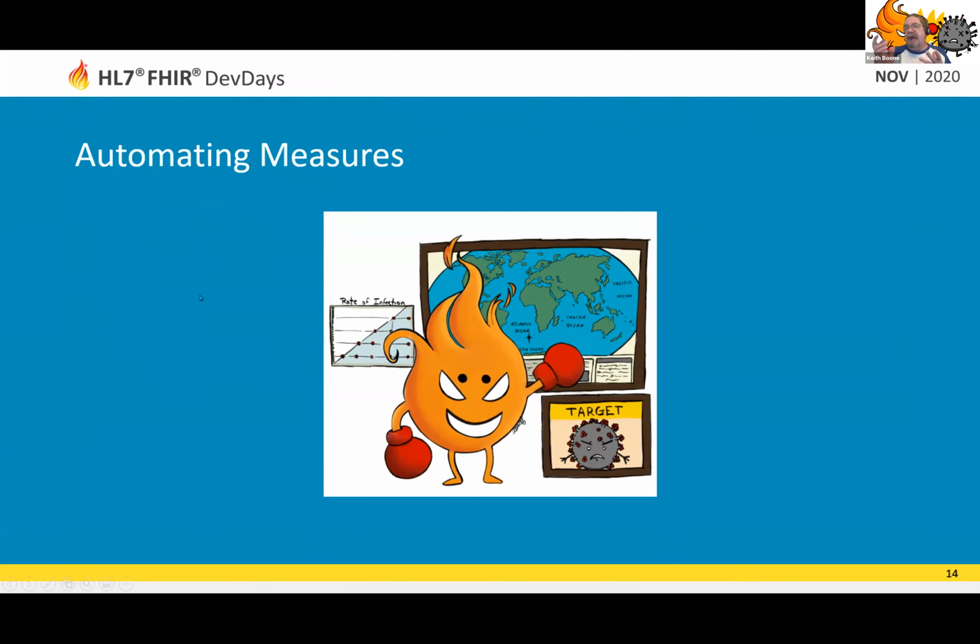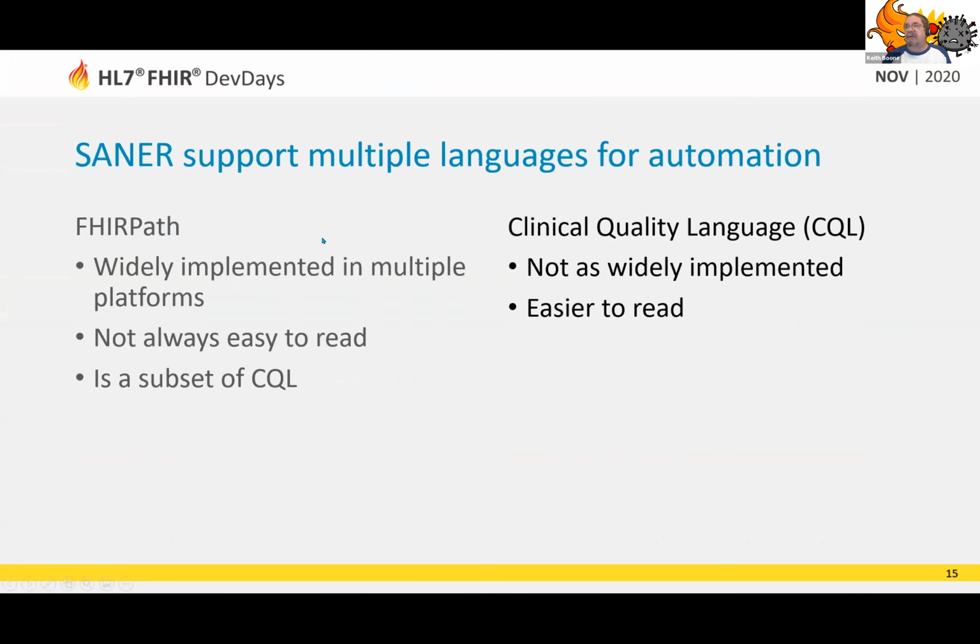Let's take a look at what it takes to go ahead and automate some measures. And to start off with, we'll talk a little bit about languages for automation. So if you think about measures and say you wanted to know, how many patients do I have in an encounter with COVID?